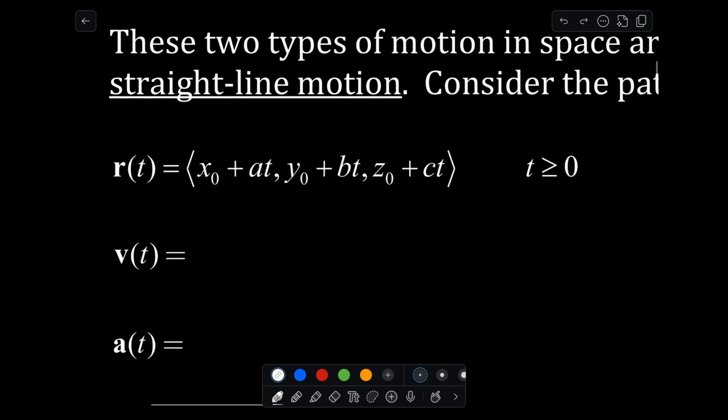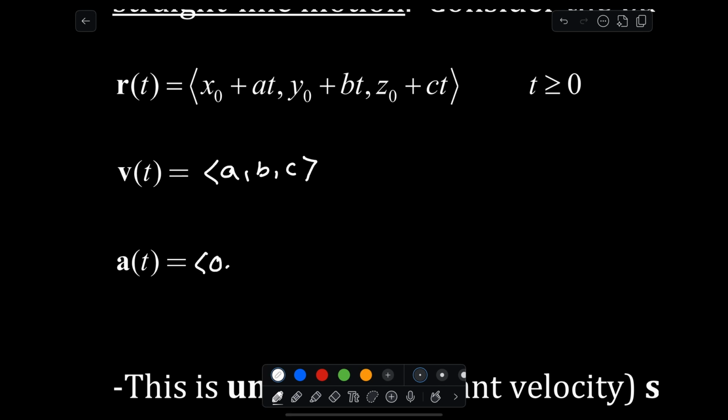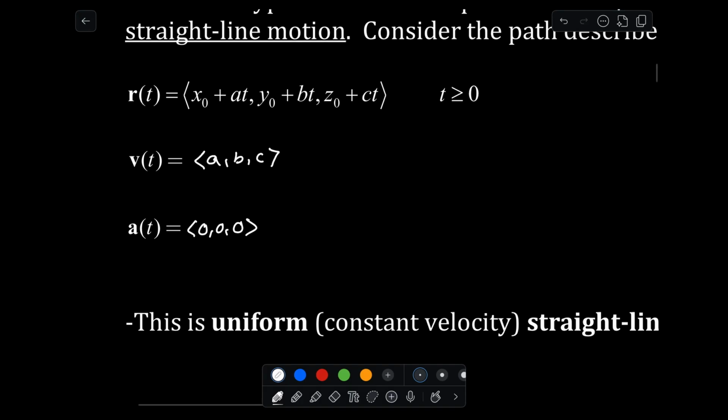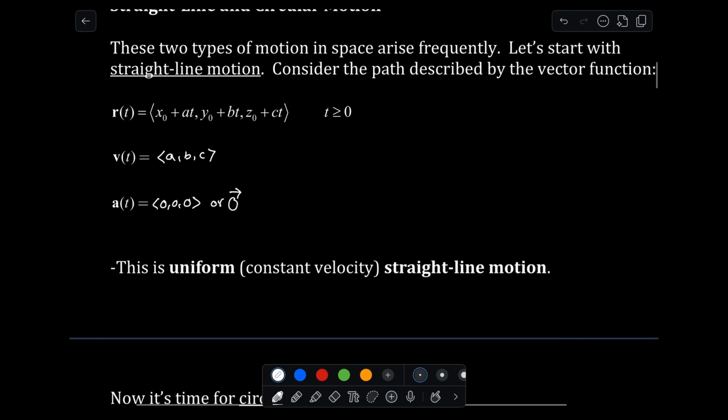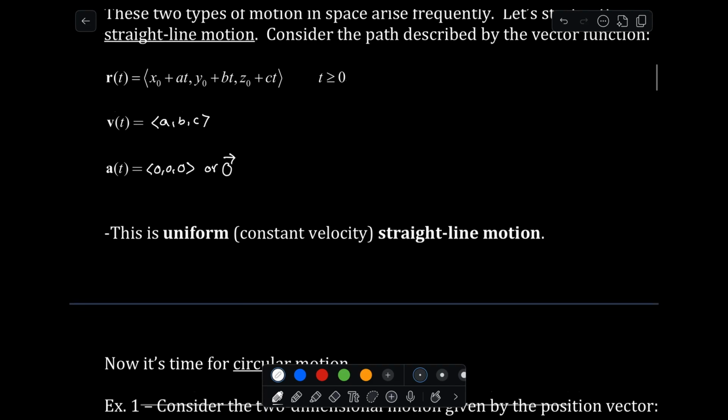So the derivative of the position function here would just be a, b, and c. And the derivative of that would be 0, 0, 0. In this case, we don't have an acceleration for any of these, so we can also write it as our 0 vector. And this is just uniform constant velocity straight line motion.